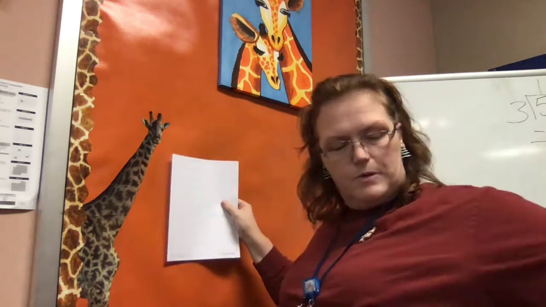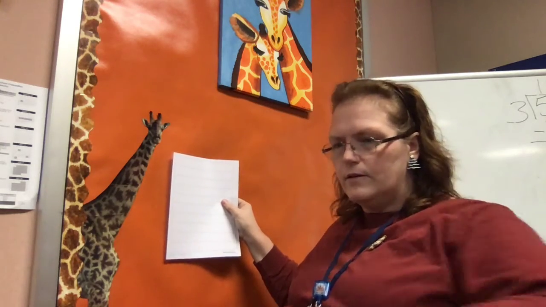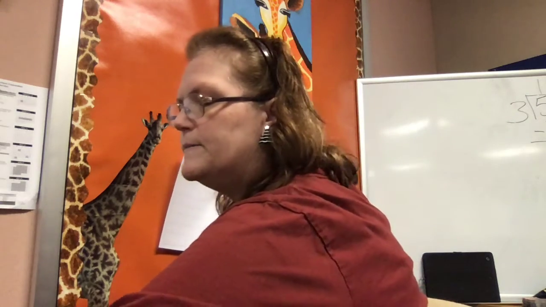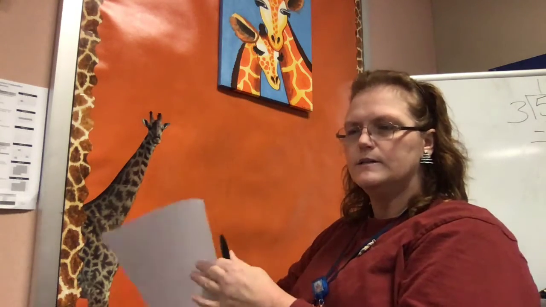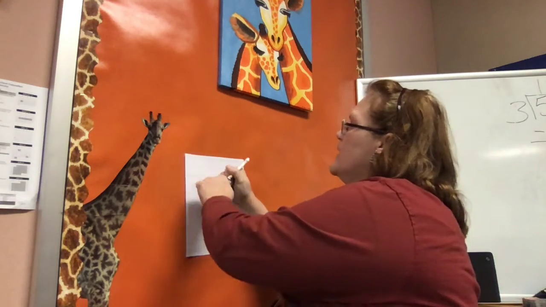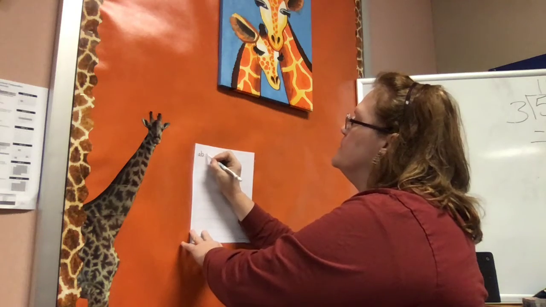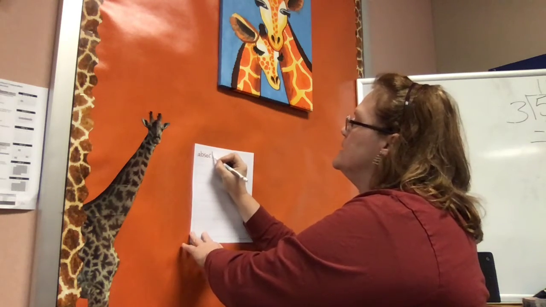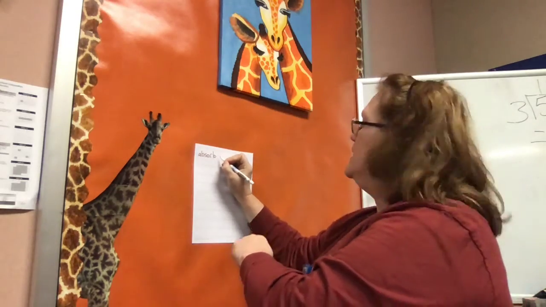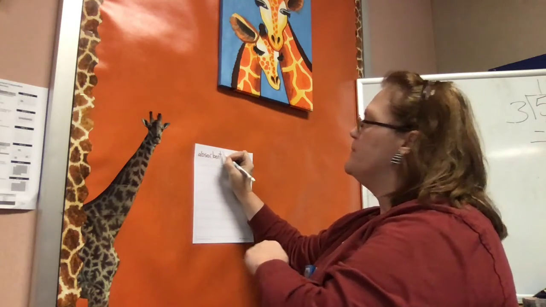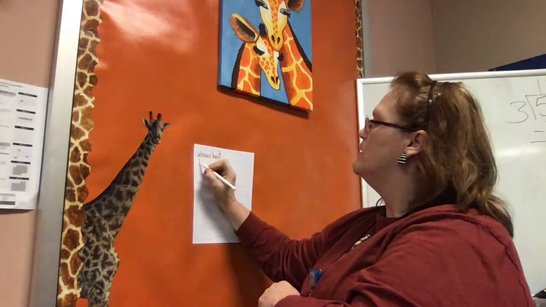And when I picked out my 6 words, now I'm going to write them on this piece of paper that I have. I do want that marker. How about this one? Here we go. My words were absorbent. Absorbent. Is it A or an E? It's an E. Absorbent. And torpedo.